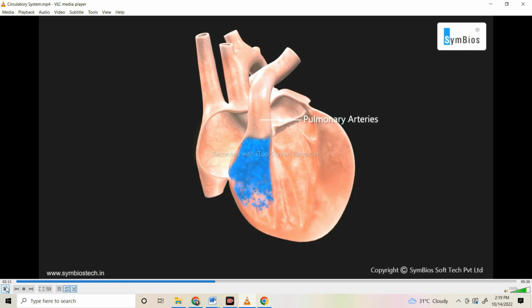Kung makikita nyo dito, galing sa right ventricle, dadaan siya ngayon dito sa pulmonary artery na nakakabit sa lungs. Okay? So, tatandaan nyo lang, lahat ng arteries, ang daladala niya ay yung oxygenated blood, except for pulmonary artery. Okay? So, wag kayong malilito.